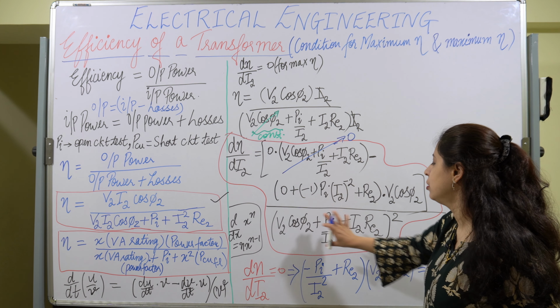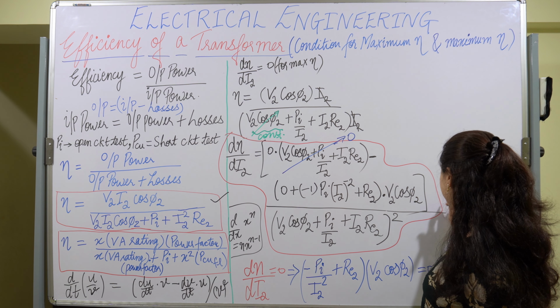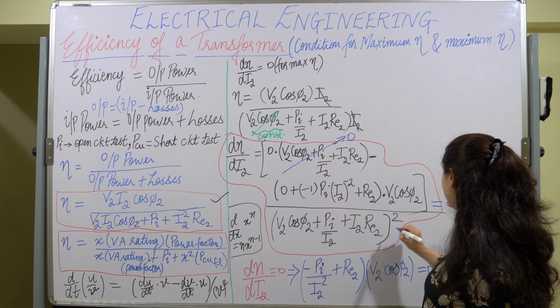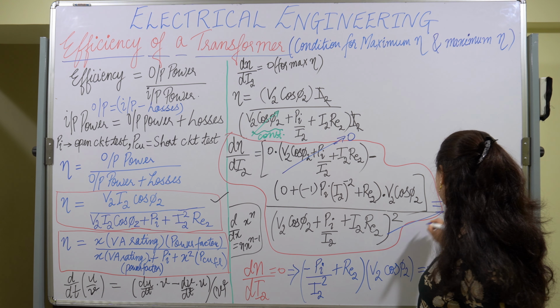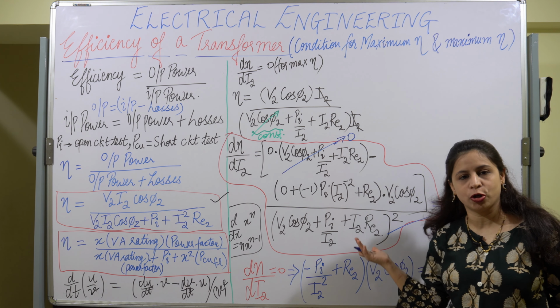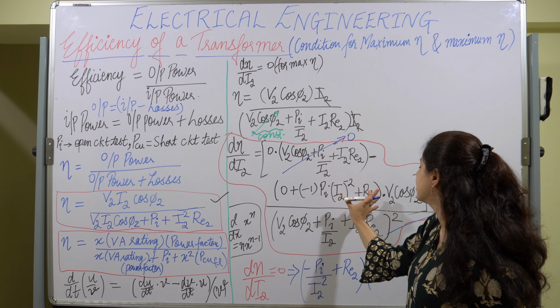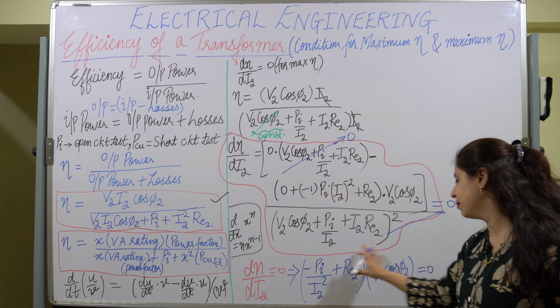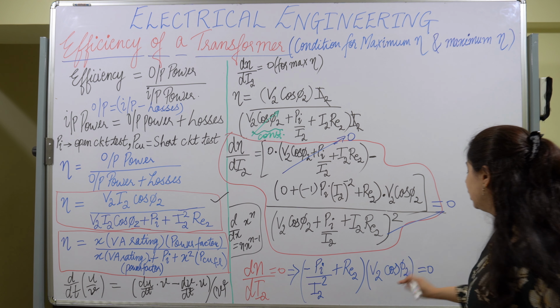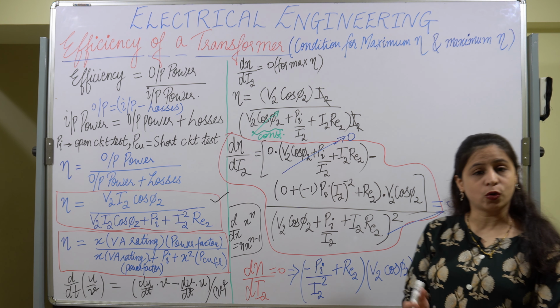The denominator, when it will be multiplied by 0, this will be whole equal to 0. So we are left here with this term equal to 0. That means we are left with this. Now V2 and cos phi 2 are the constants.